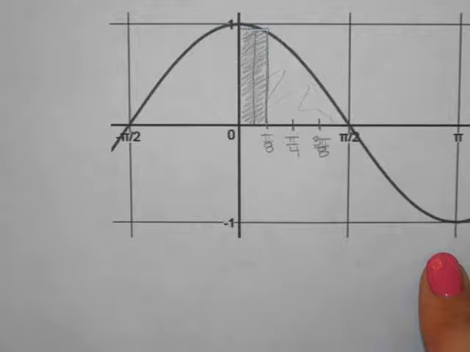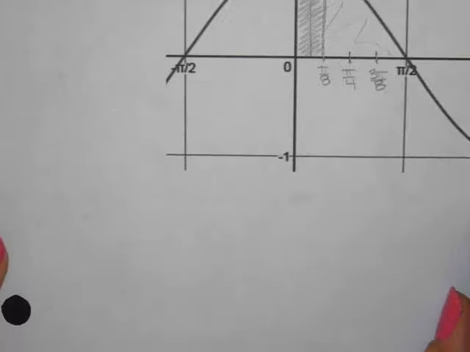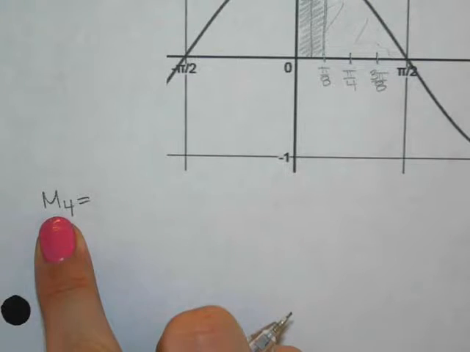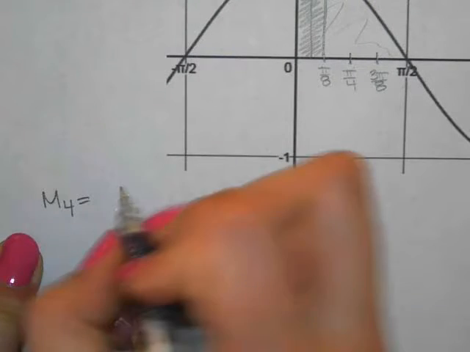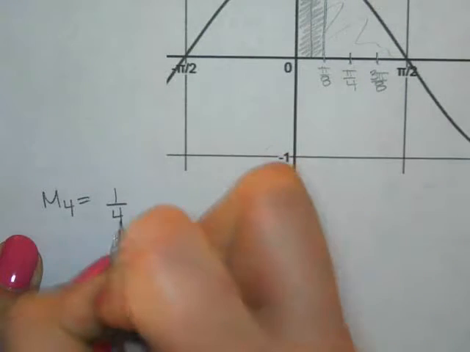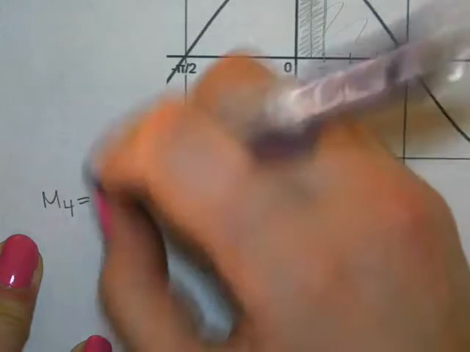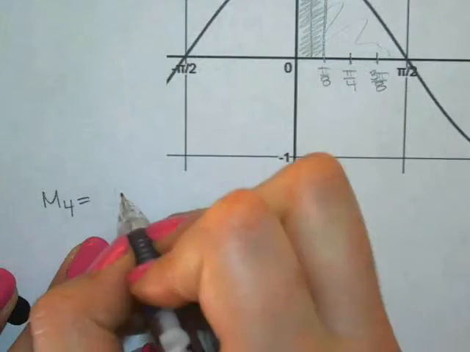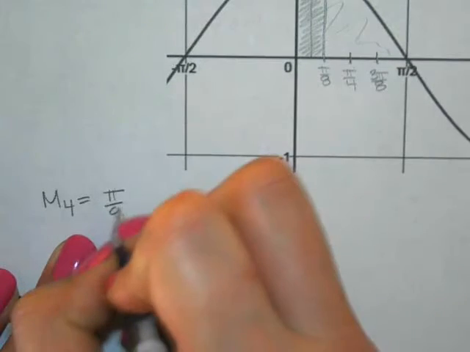So the area of our first rectangle, I'm going to say M sub 4, so that means I'm finding the area using midpoints and 4 subintervals. My first area would be a width of, what's my width? Pi eighths. And then how would I find my height?